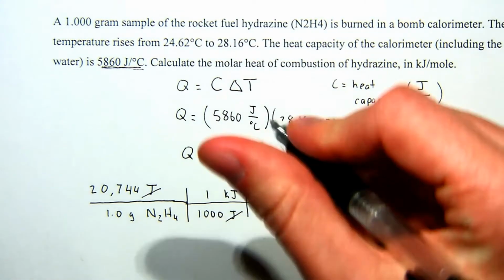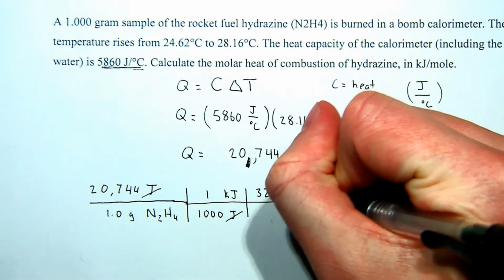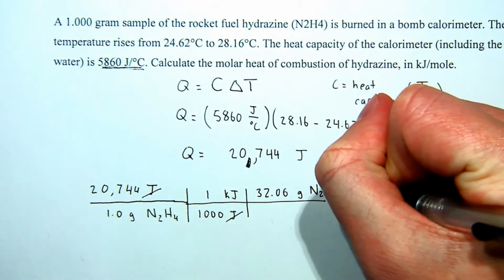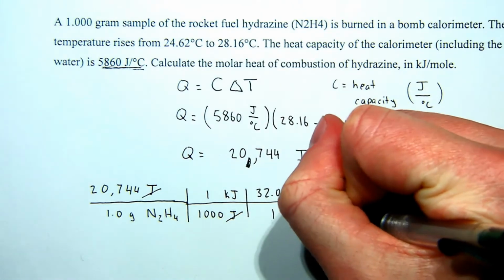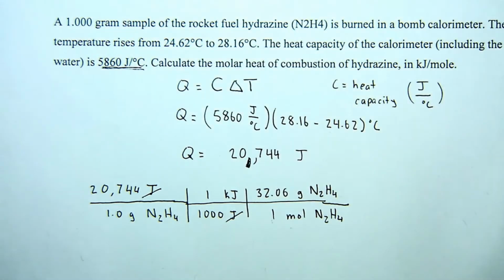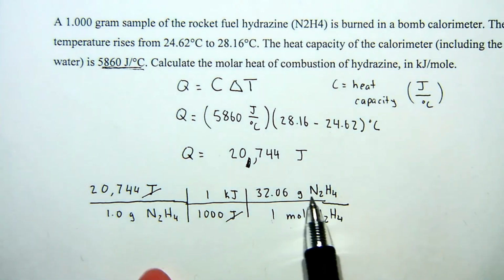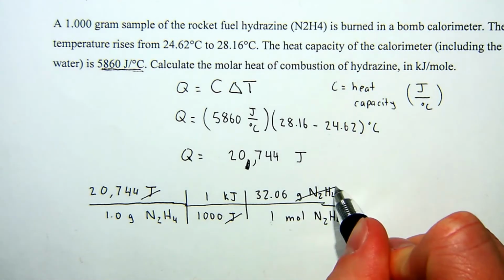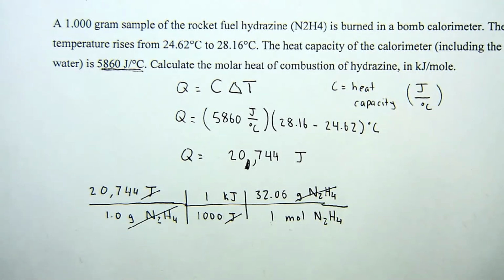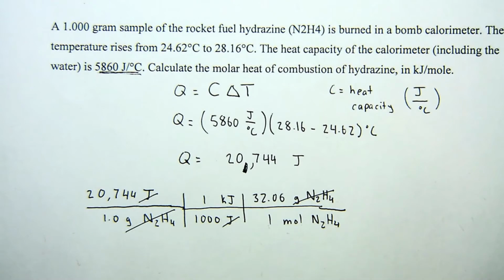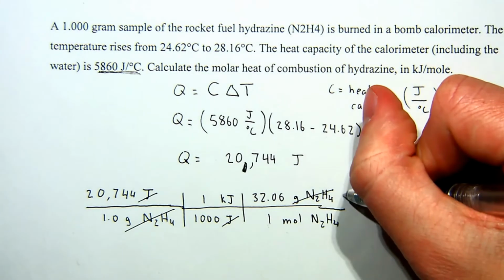So 32.06 grams of N2H4 per 1 mole of N2H4. So we put it on top because 1 unit on top cancels with 1 unit on bottom. And now we're left with our final unit, which is kilojoules per mole of N2H4. So that's exactly what we want.